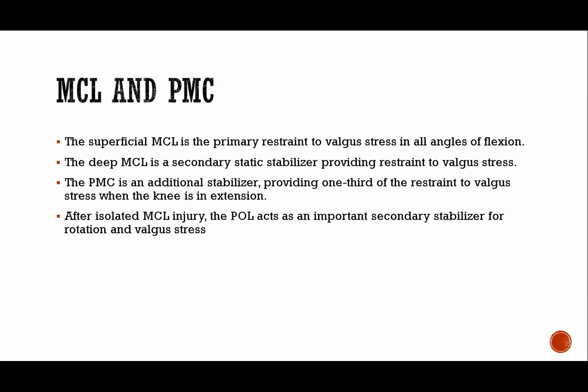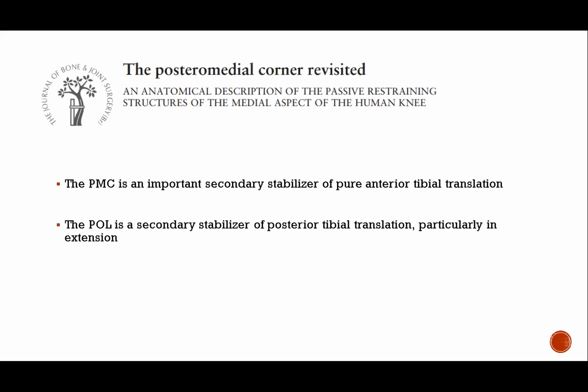So PMC takes one third of the load of the SMCL. This is confirmed in cases of isolated MCL injury. The posterior oblique ligament acts as an important secondary stabilizer for rotation and valgus stress.